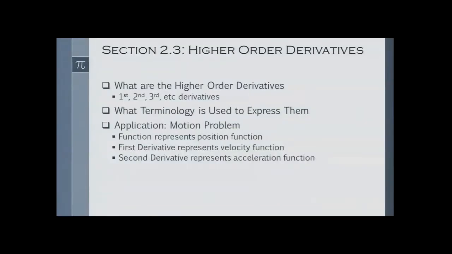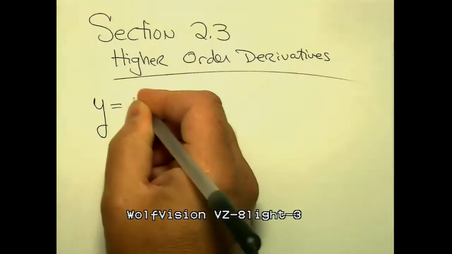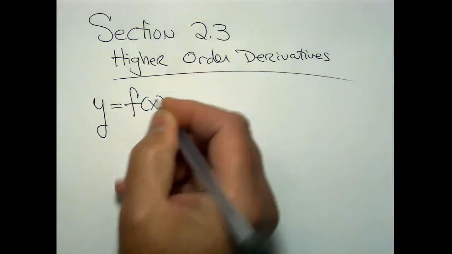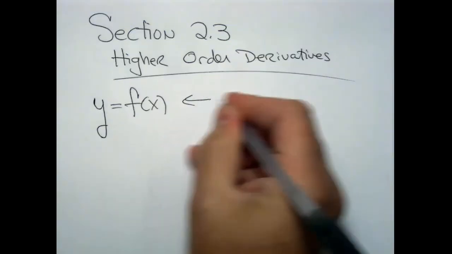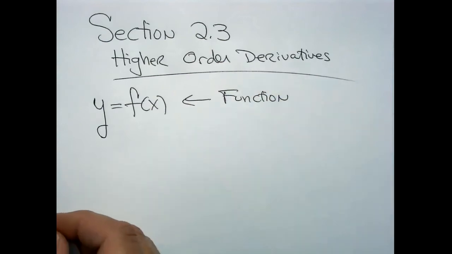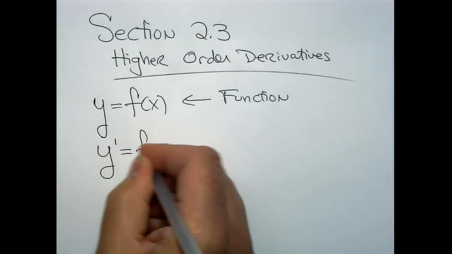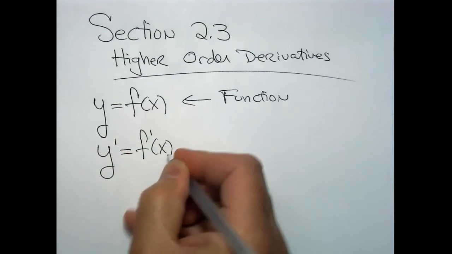So let's take a look here at a function. This certainly is not a derivative. This is your function. But then we go ahead and we take the derivative, right? Y prime. We also call it f prime.